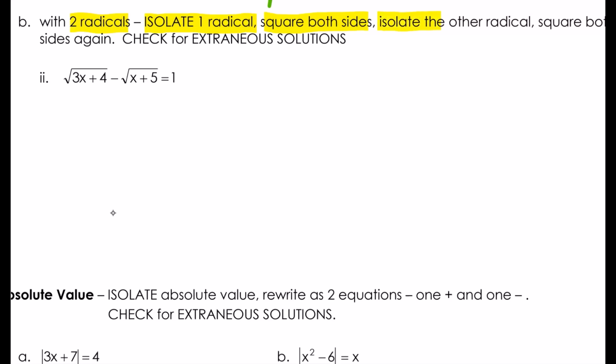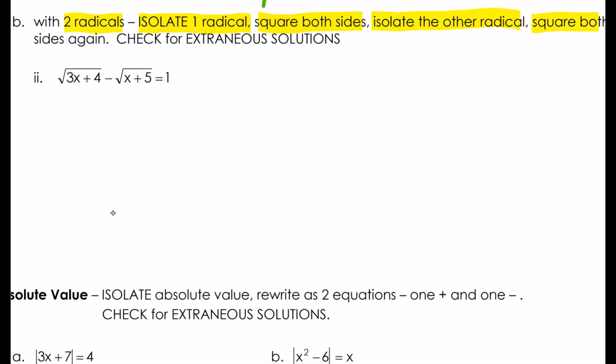Then isolate the second radical, and then square both sides again. Lastly, always check for extraneous solutions. It doesn't matter which root you want to isolate. I'm going to isolate the first one, the square root of 3x plus 4. And then notice that my right-hand side would be 1 plus the square root of x plus 5.